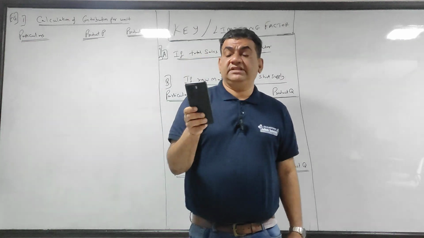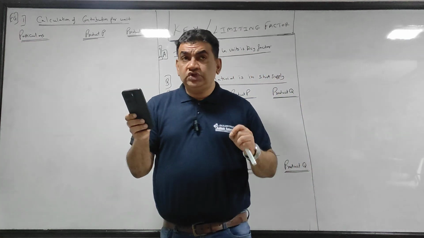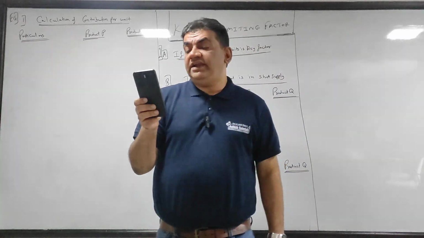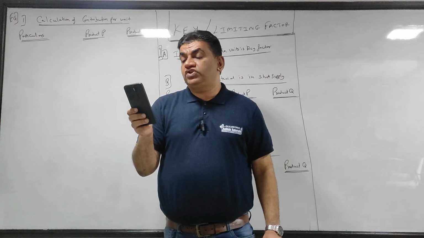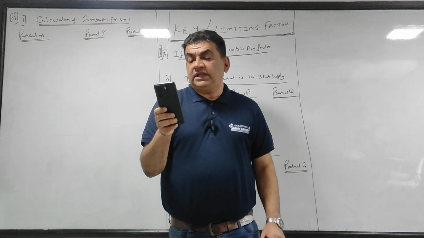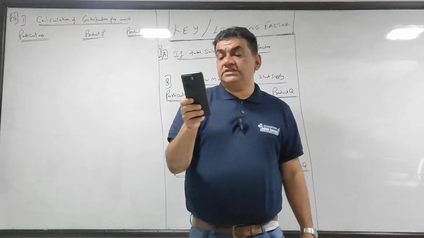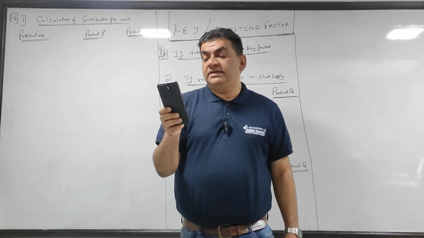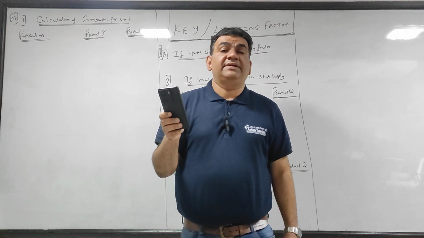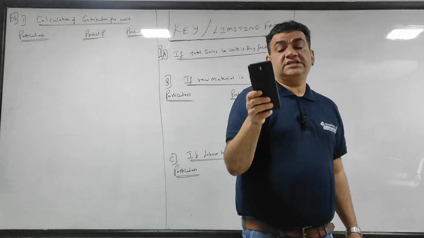Total fixed cost is given in the question 10,000. You are required to state which product is better to be produced with reasons in each of the following situation. If total sales in units is the key factor, if raw material is in short supply, if labor hour is the limiting factor. They have given you three situations.